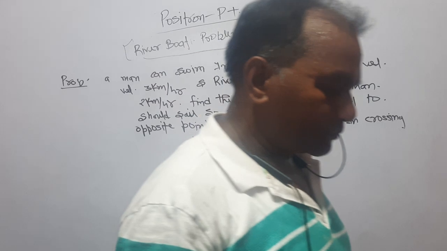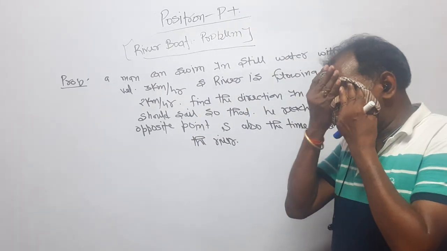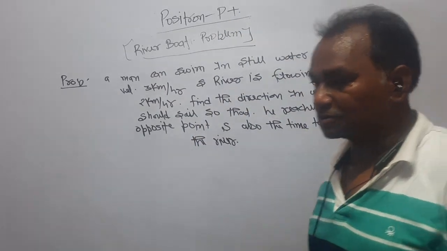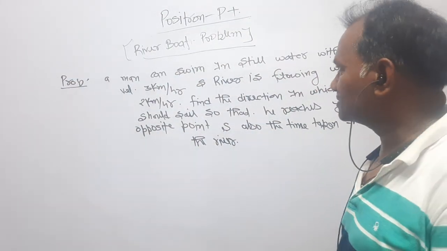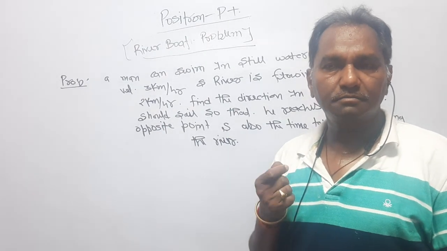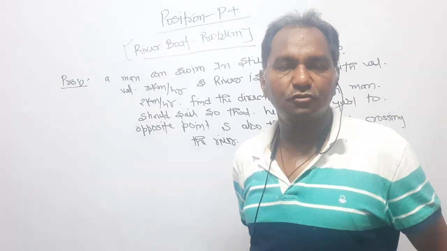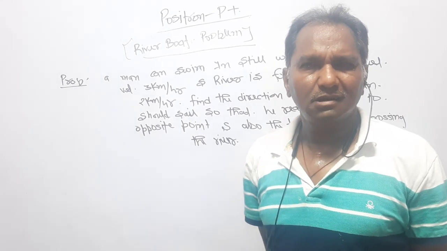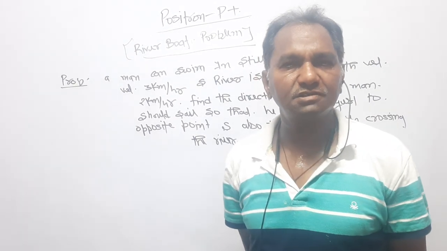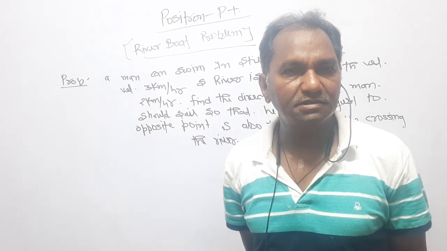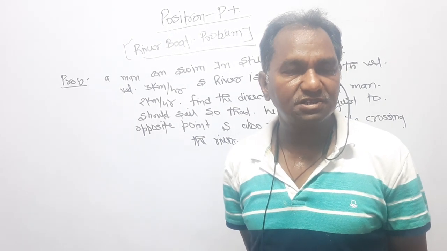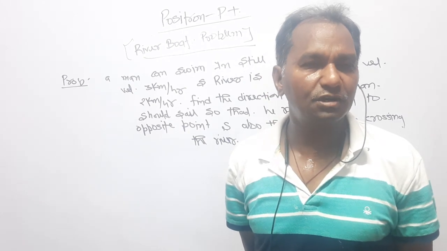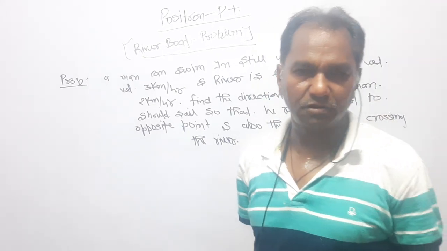This question I have taken from S.C. Verma sir's book, but dear student, this is a very general question and many times it has been asked in examinations. Often I have seen that students are very confused whether it is the velocity of man with respect to river, the velocity of man with respect to ground, or the velocity of river with respect to ground.